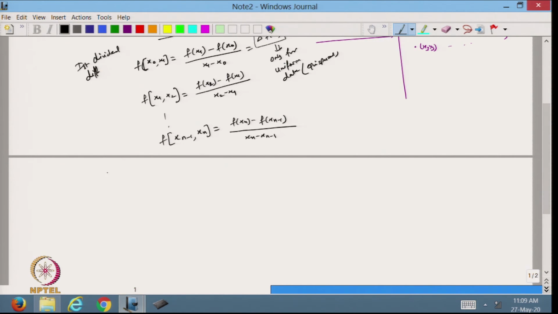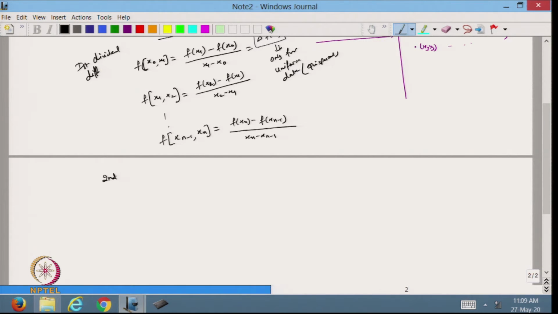Similarly, I can define the second divided difference. So in the second divided difference, suppose I have 3 points. So the points are given to me. So I write f at x0, x1 and x2.